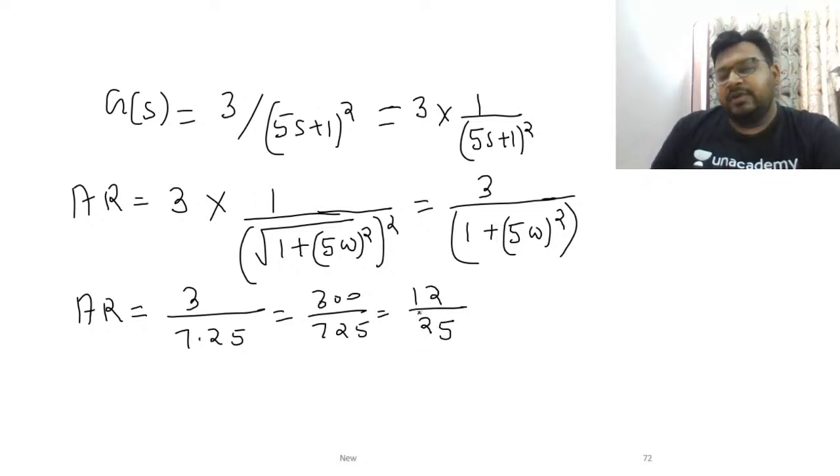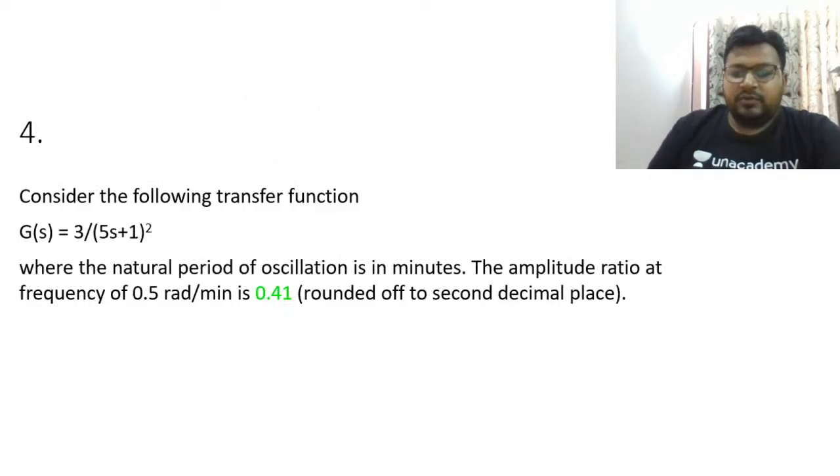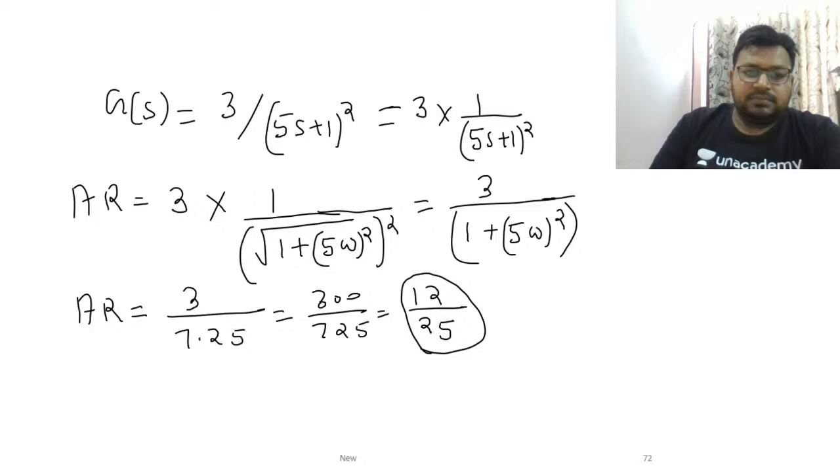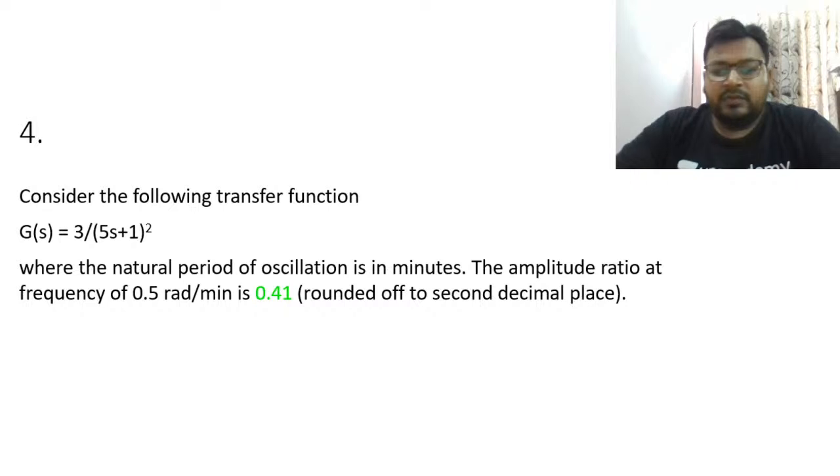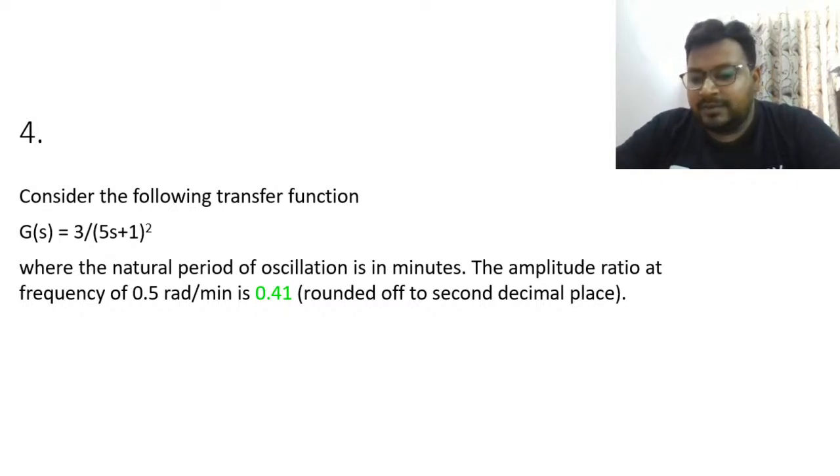So 12 by 29, and upon dividing you can get the answer. So the answer comes out to be 0.41. So that is your answer guys, very simple.